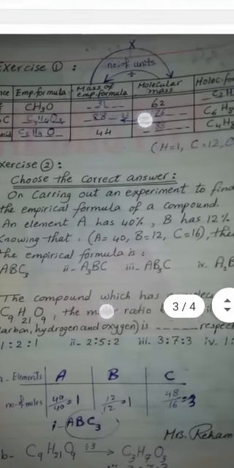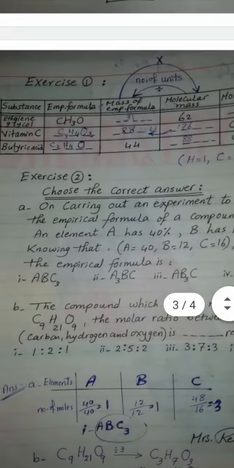In example number 1, ethylene glycol has empirical formula CH3O, and you can calculate its molar mass by doing the algebraic sum of its atomic masses, 1 carbon plus 3 times atomic mass of hydrogen plus 1 times atomic mass of oxygen. The result will be 31 gram.